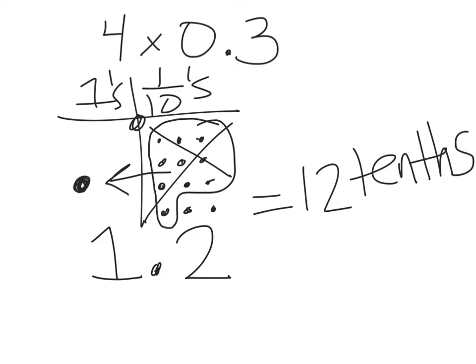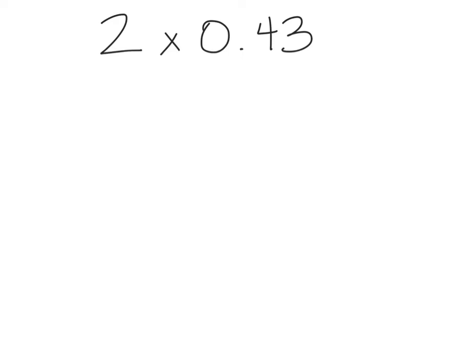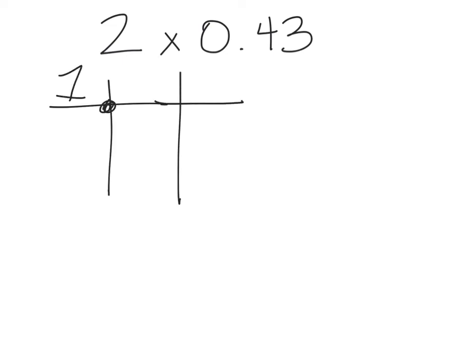All right, let's look at another problem. We have 2 copies of 43 hundredths. All right, so let's set it up again on the place value chart. So we have our ones, our tenths, our hundredths. We have 4 tenths, 1, 2, 3, 4.